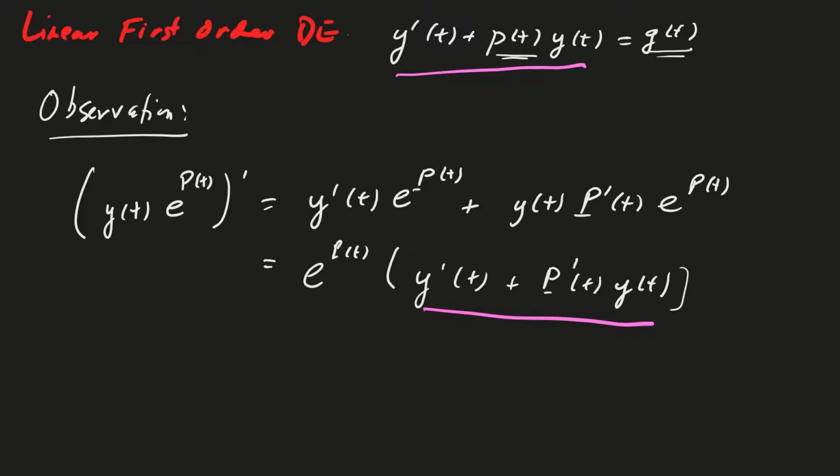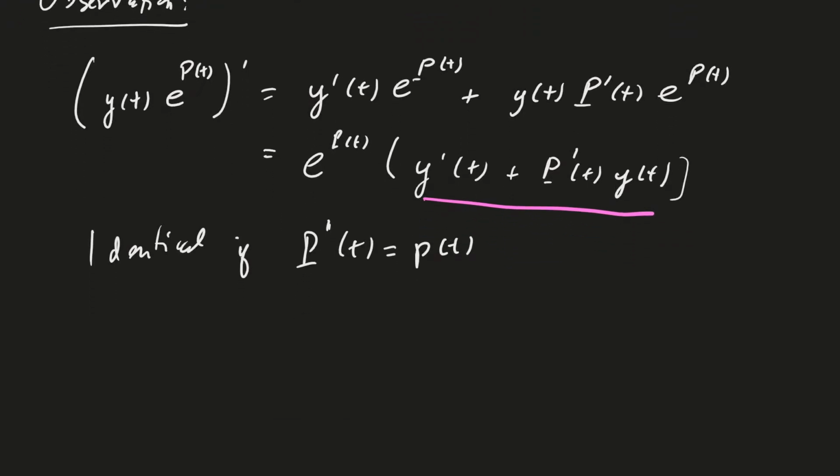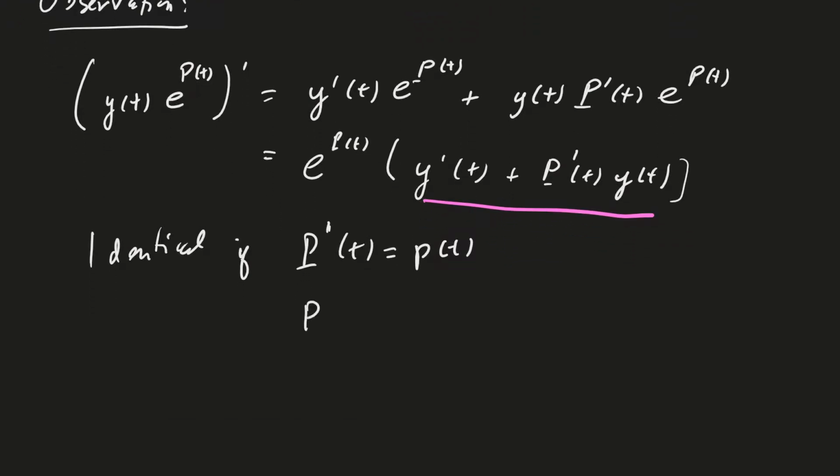And it would be identical if capital P prime of t is equal to lowercase p of t. In other words, can we solve this for capital P of t? Capital P of t is the integral of p of t dt. Okay, so therefore we now have a technique for solving a linear first-order differential equation. Let's see how that goes.